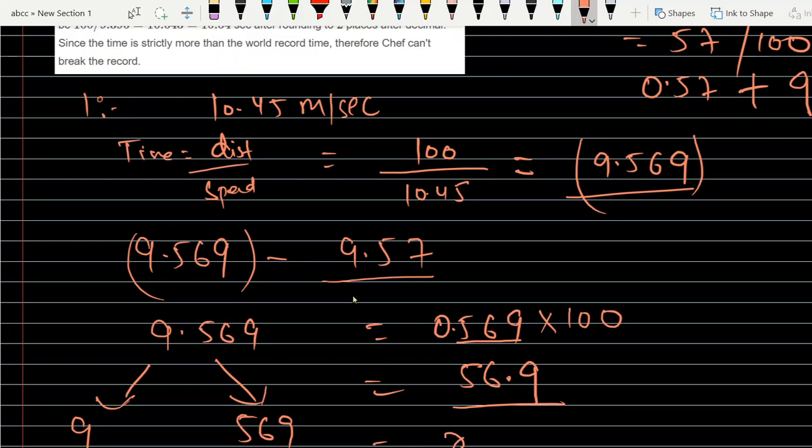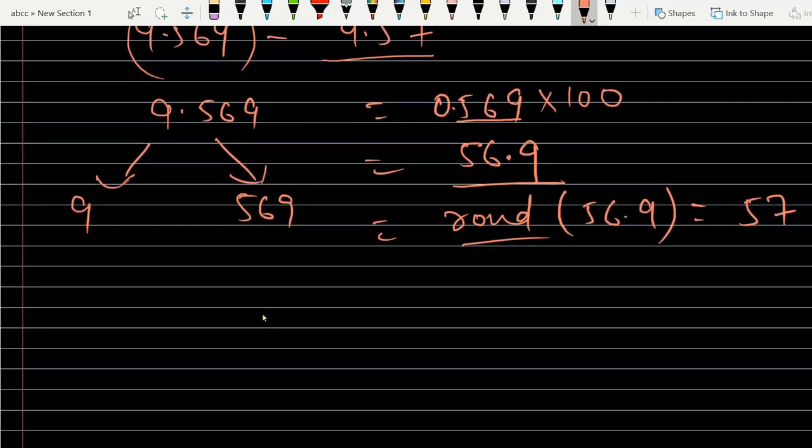Now if we round this 56.9 by using the round function in the math library, we will get 57. If we divide it by 100 again, it will be 0.57, and then we add it to the integer part, which will give 9.57.